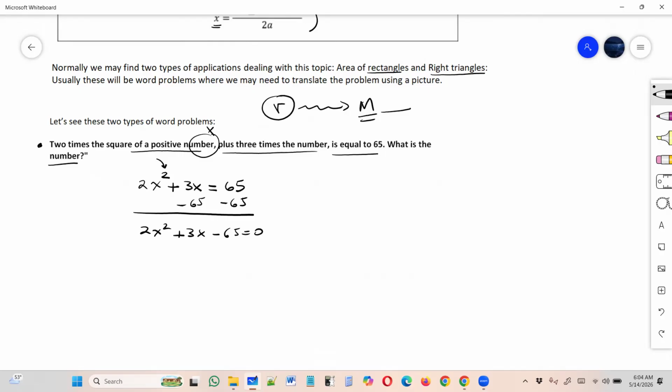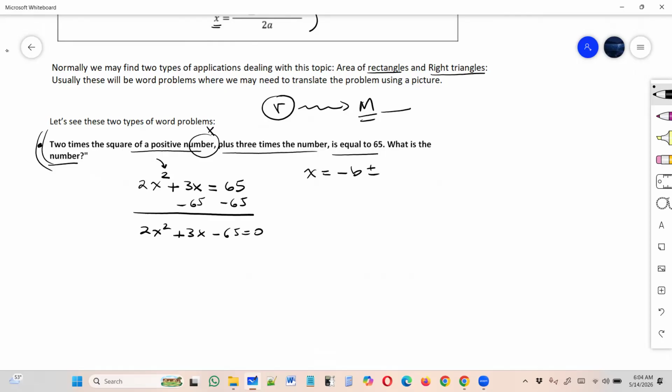Now, with any problem, we could try to see if it's factorable. I think it is factorable, but we can also use the quadratic formula because this is a section where we have to use the quadratic formula. Notice that the problem didn't say you must use the quadratic formula, but because we're practicing it, we're going to use it.